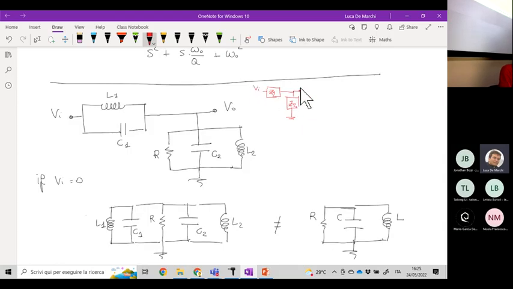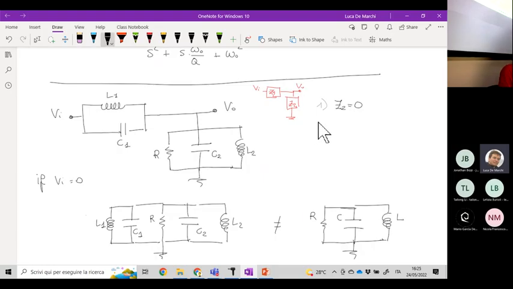It's the same concept that we analyzed multiple times yesterday. We need to fulfill one of two possible conditions. One condition is having Z2 equal to 0, which must be conditioned by the fact that Z1 must be different from 0.